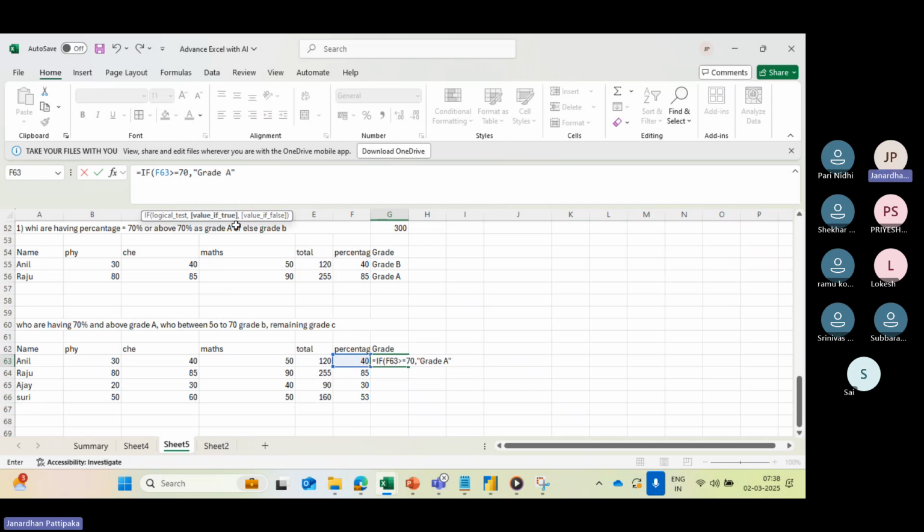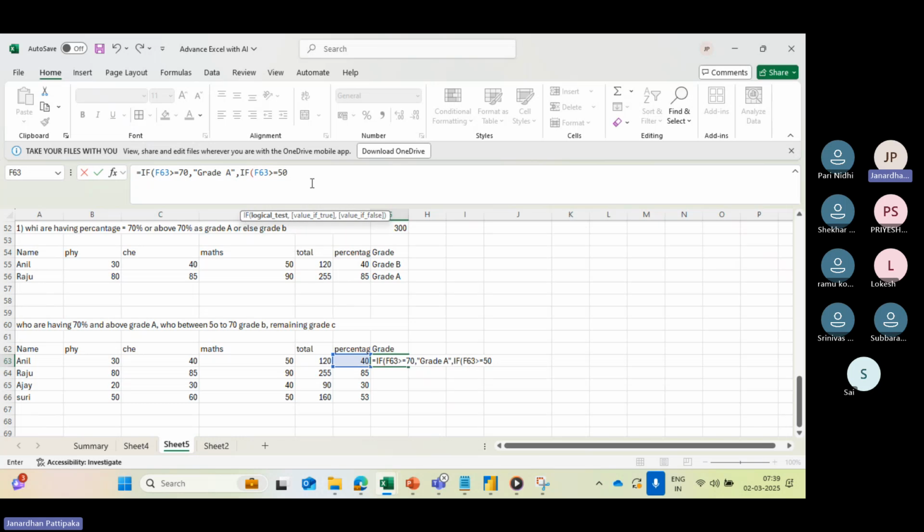After that, you need to give a comma. But you have mentioned another condition, 50 to 70. That means greater than 50, since the 70 and above is already handled. So in the same formula, you again need to write another IF condition. After the comma, I'm writing another condition: if this percentage column is greater than or equal to 50.